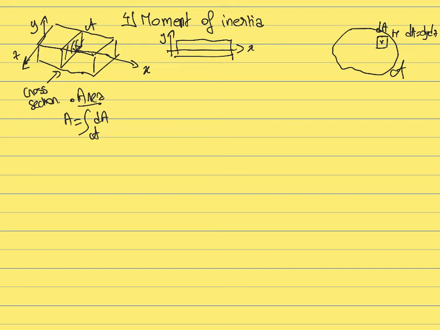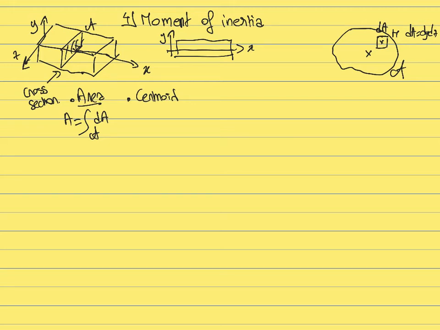The second thing that matters, which is also an important geometrical property of a given surface, is its centroid. So the centroid is going to be located roughly at the average position within this surface.